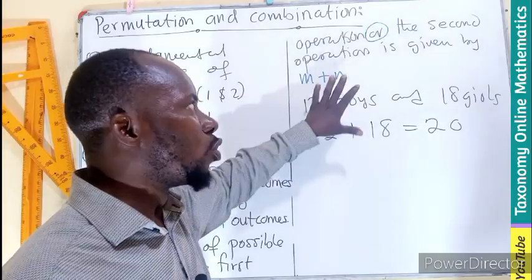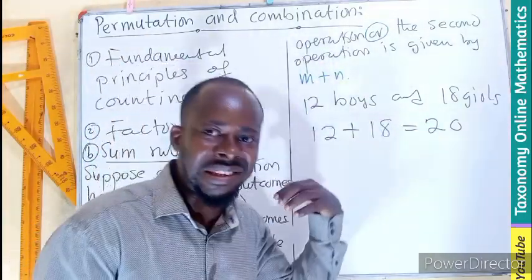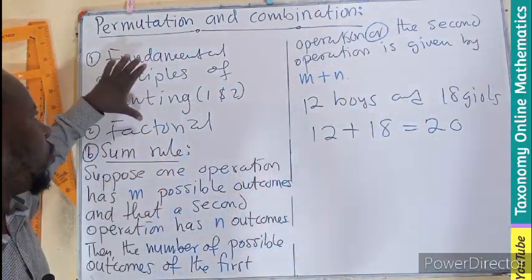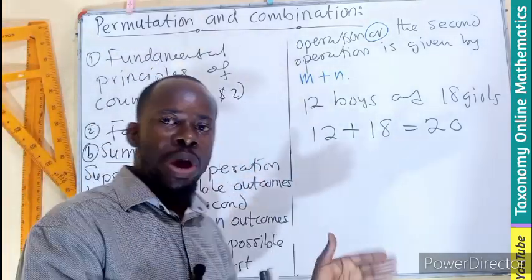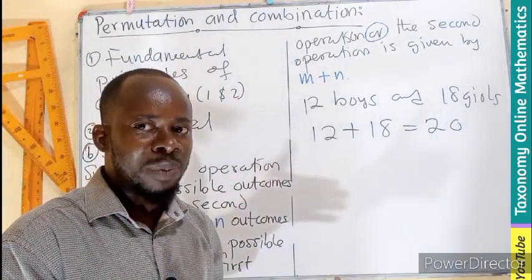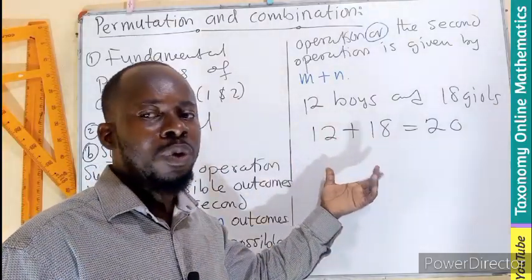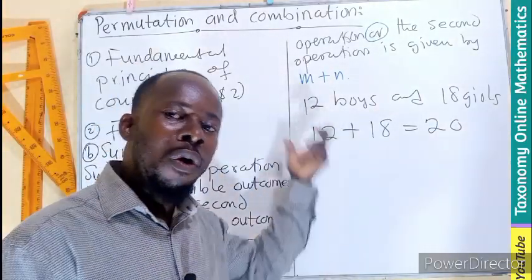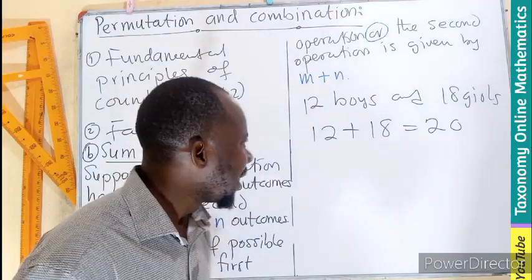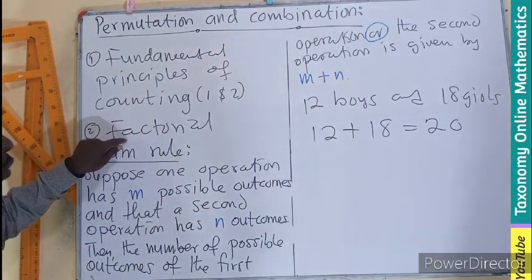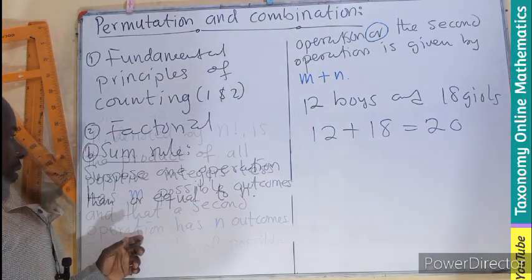This shows the addition, which is the sum rule. We'll be applying more of the product rule when we deal with the permutation aspect, but we also have the sum rule, or the principle of counting for addition. Then the next thing is to deal with what a factorial is.